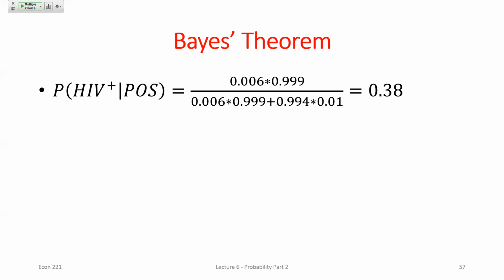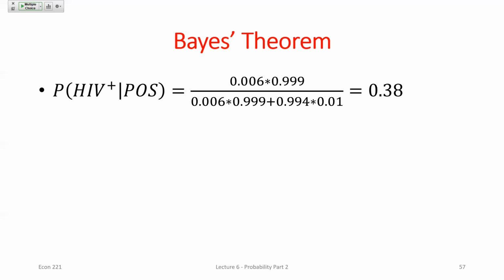So the reason why this probability ends up being 0.38 or 38%, which seems counterintuitive, is because even though we're accurately identifying everybody who has HIV with our test, and even if our false positive rate is low, only 1% here, there are just so many more people who are HIV negative. The probability of that second state of nature is 0.994.